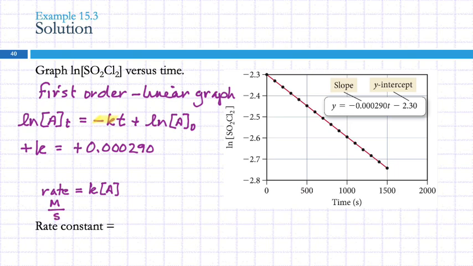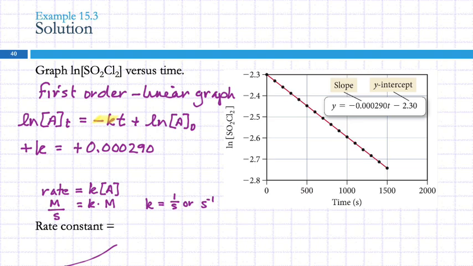The rate is measured in molarity per second, and the concentration is in molarity, and then we have k. So if we simplify that, we end up with k having units of 1/s, or s to the minus 1. Kind of messing with you because last week we talked about zero order first, and zero order is molarity per second. But this one is just per second.